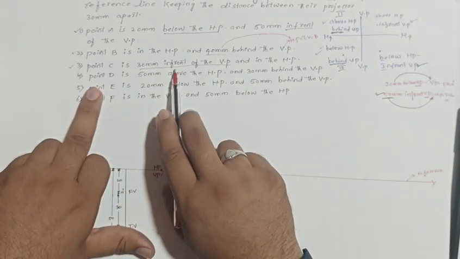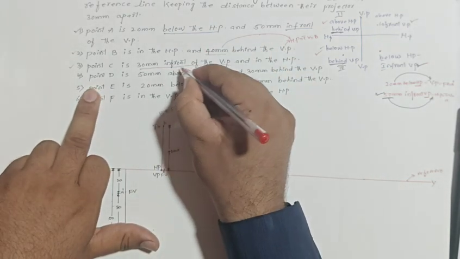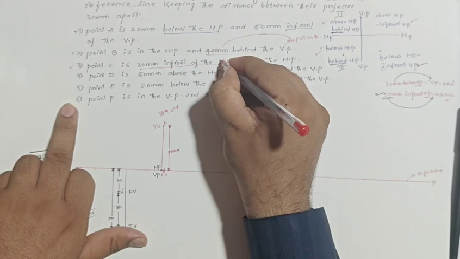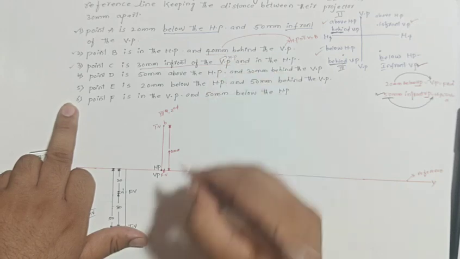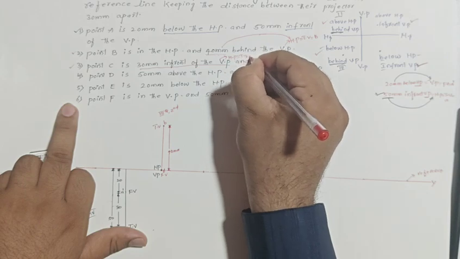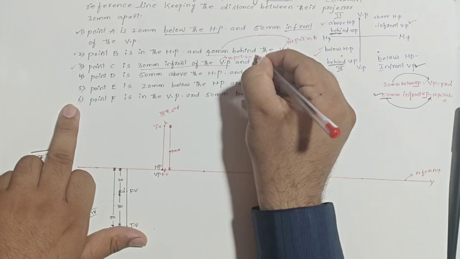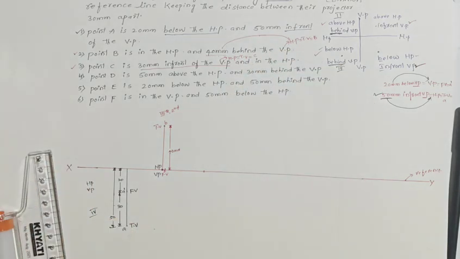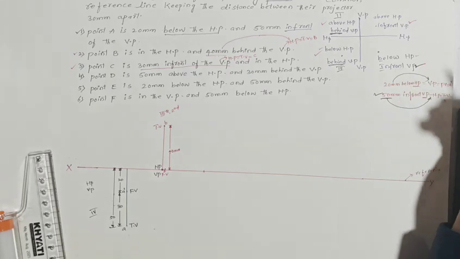A point C is 30 mm in front of VP and in HP. 30 mm in front of VP means we need to draw it on the horizontal plane. Horizontal plane, what can we say? Top view. Top view is represented as the point C. Clear? Use first quadrant or you can use fourth quadrant.